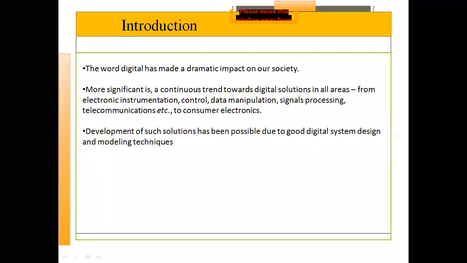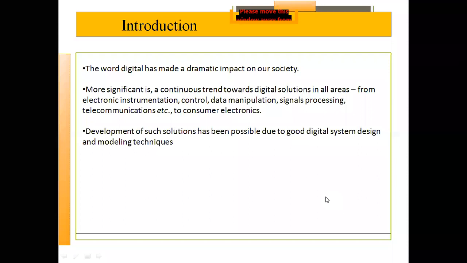Now, if you go with the general introduction to the subject, we can say we are listening in the day-to-day digital gadgets or digital display, anything is digital only. It has had a dramatic impact on society.